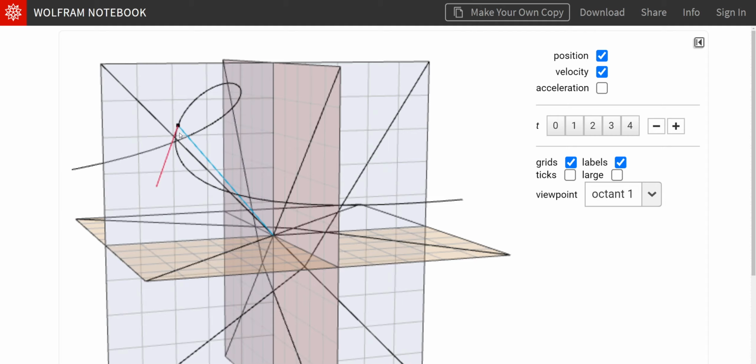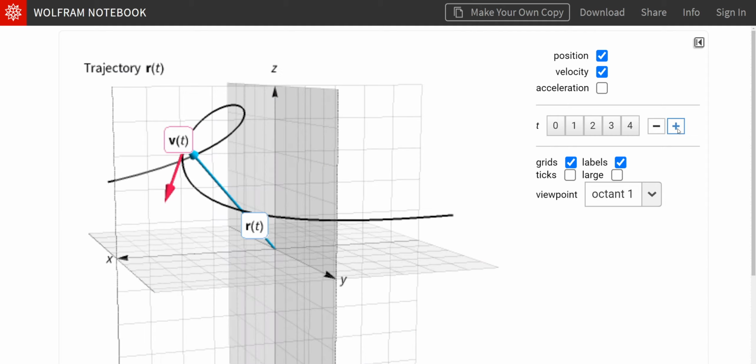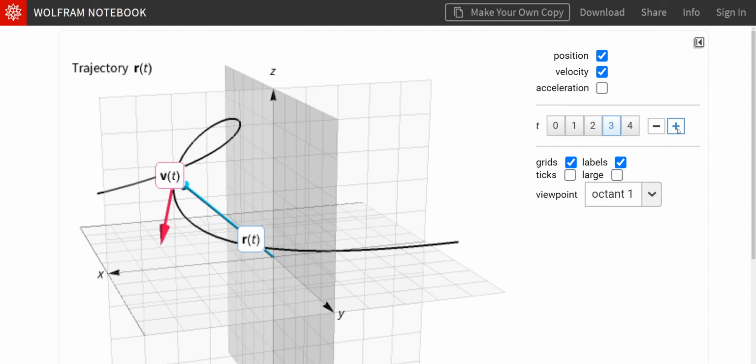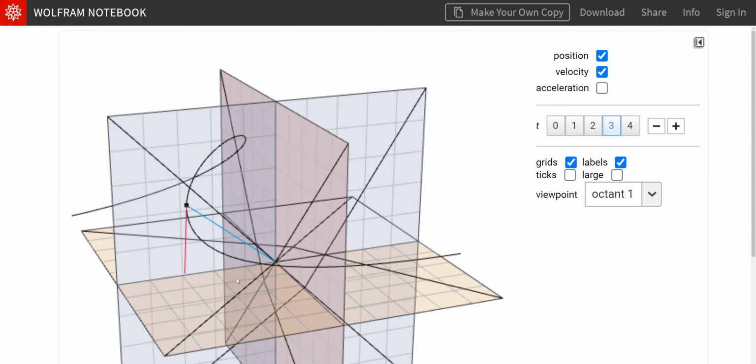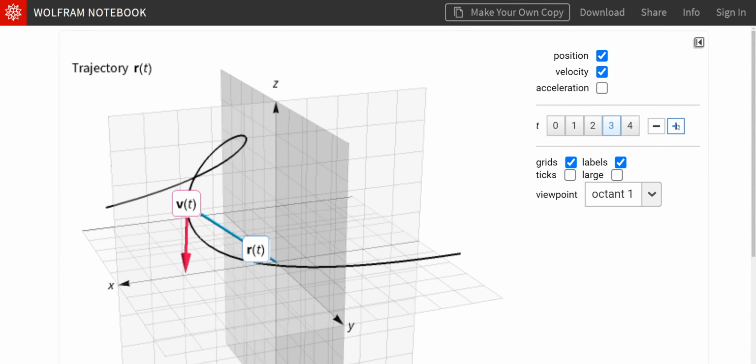As we go around this curve, it's going to be pointing more and more in the negative z direction. In the x direction, it's changed from pointing in the positive x direction to almost having no x component here. It has a really small positive x component there.